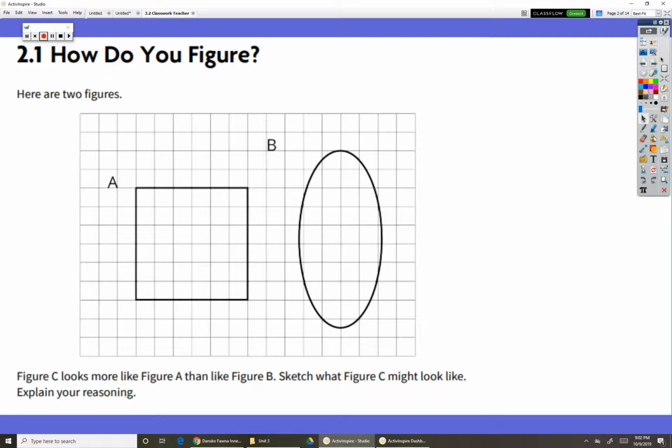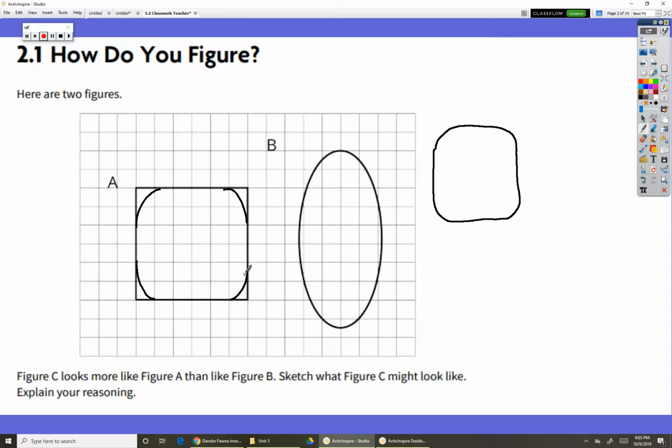Alright, so you might have come up with a variety of things for figure C. One thing that you might have come up with is a shape kind of like this, where the edges are rounded, but other than the rounded edges, it pretty much looks like a square with rounded edges. So maybe we took figure A and we just rounded the edges a little bit like this.